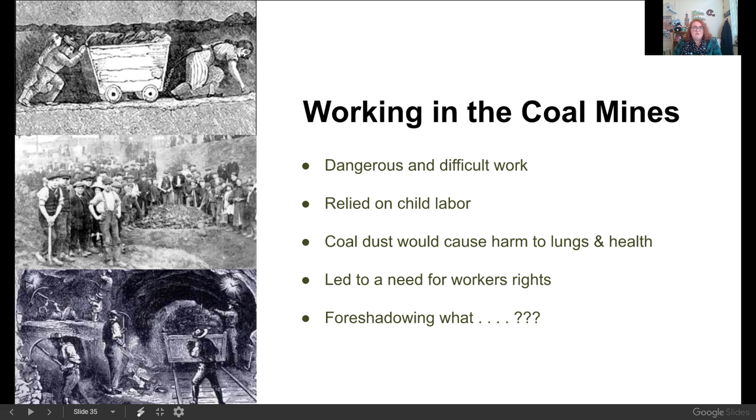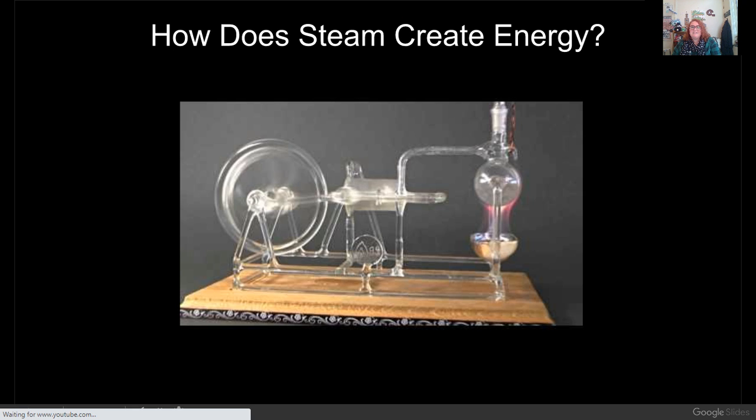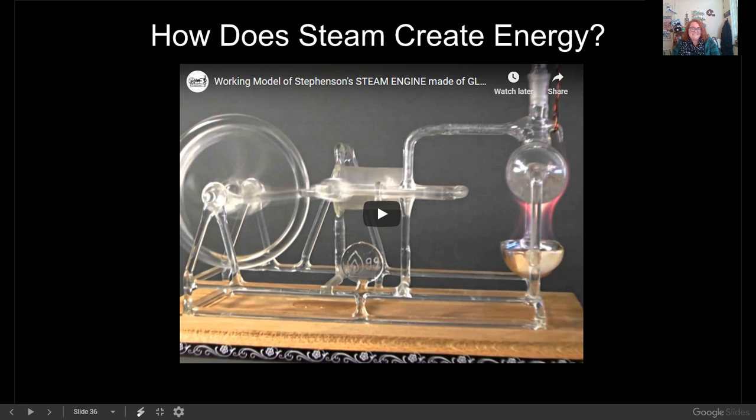It can actually turn your lungs black and do irreparable damage. Because of all of the dangerous working conditions, this led to a need for workers' rights. Foreshadowing, like nobody's business.